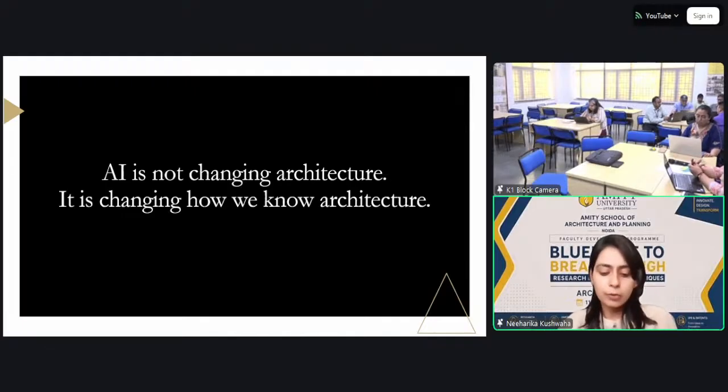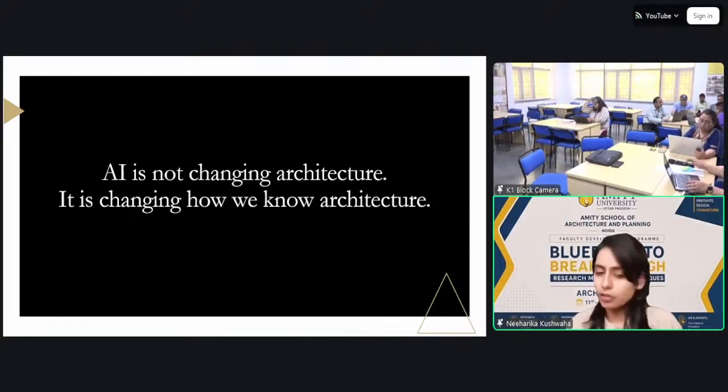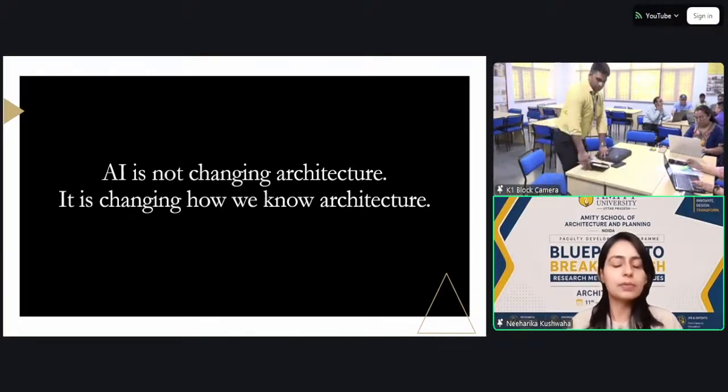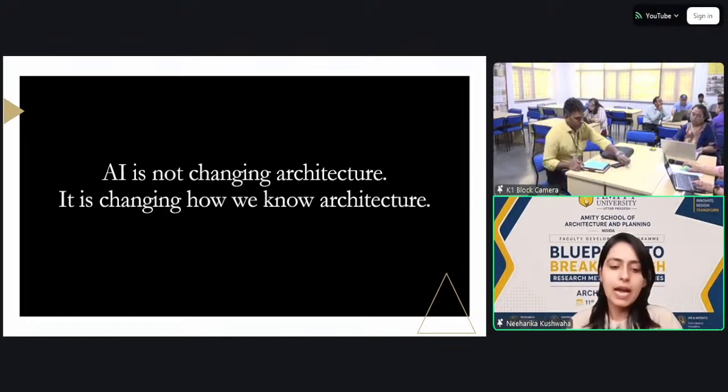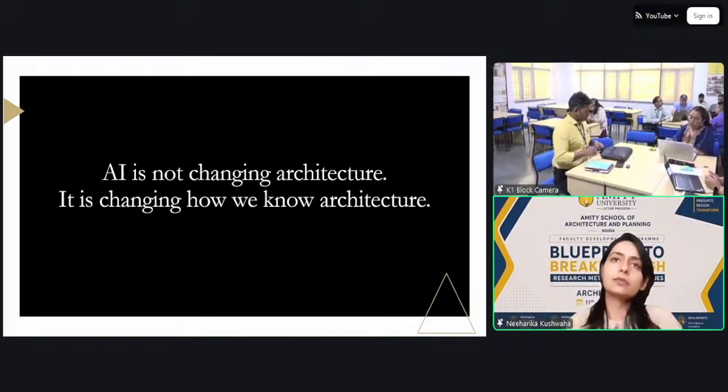Hence, I would take a second and say that at times we say it's human versus AI. No, that's definitely not the case. AI is not changing architecture, AI is not taking our jobs, but definitely it is changing how we know architecture. It is human intelligence that is being augmented by computational intelligence nowadays.